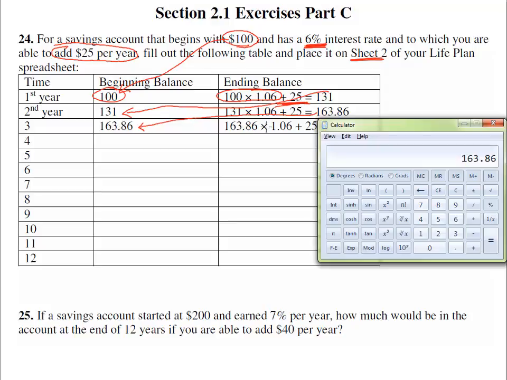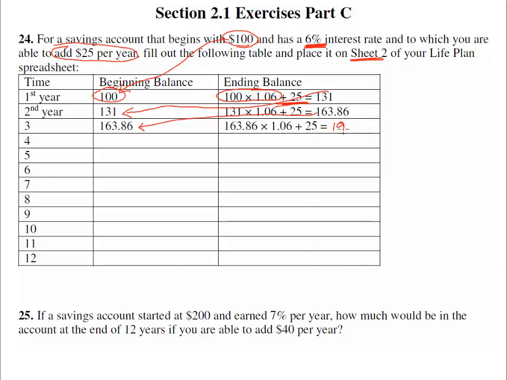So now in this one we get this 163.86 times 1.06 add 25, and that equals 198.69. Let's write that in here. 198.69. That will also be the beginning balance that we'll put right over here, 198.69 for the next year.